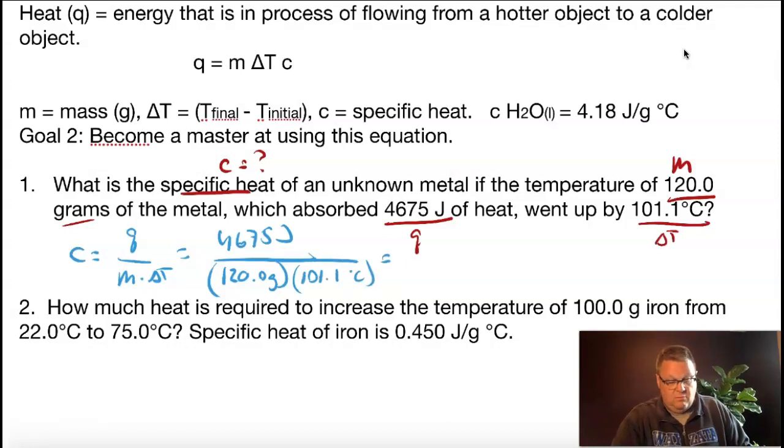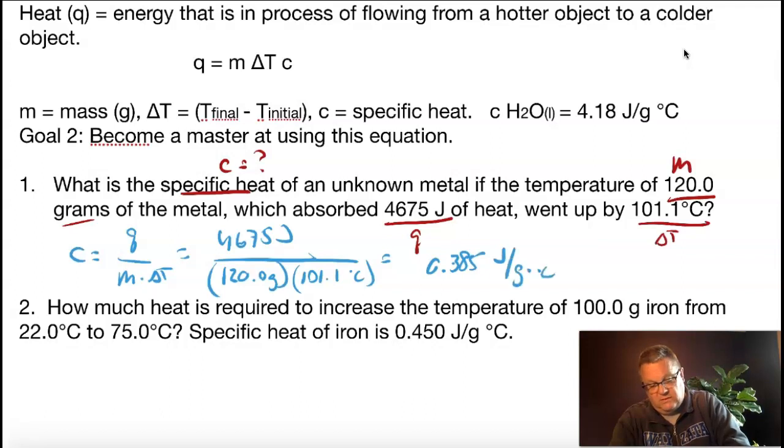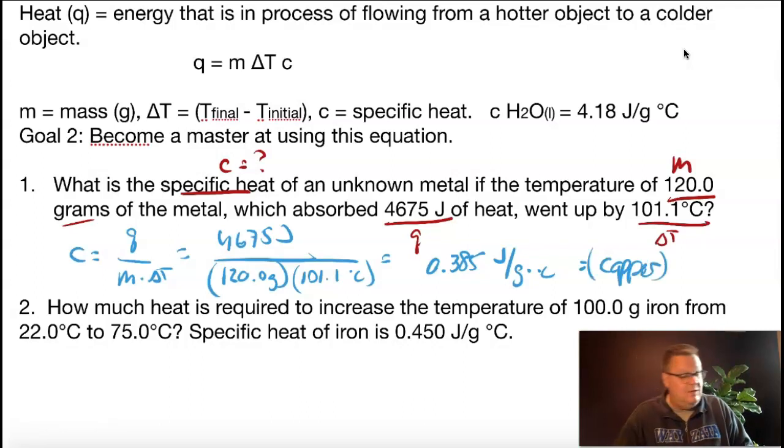All right, and when I put that in the calculator, I get 0.385, units joules per gram degrees Celsius. You will see when you get a table of specific heats. I believe that's the specific heat of copper. I'm not sure.